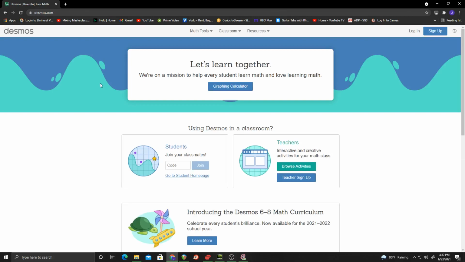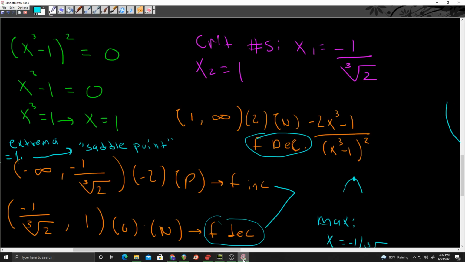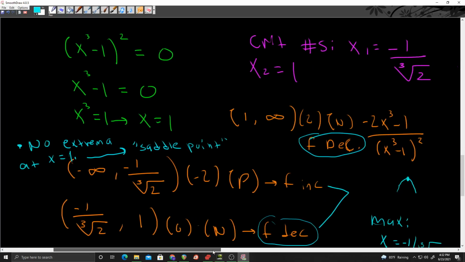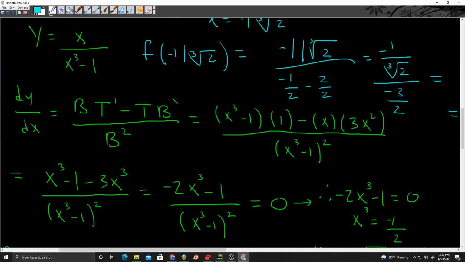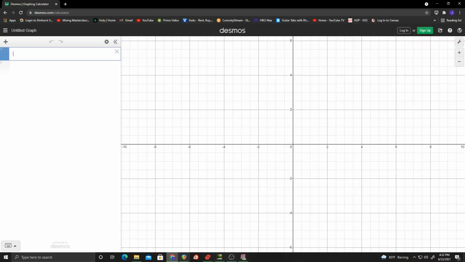Okay, Desmos. This one's a little complicated, but we're just going to take a look at it. x over x cubed minus 1.